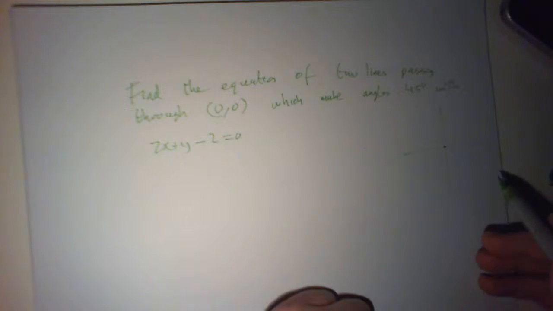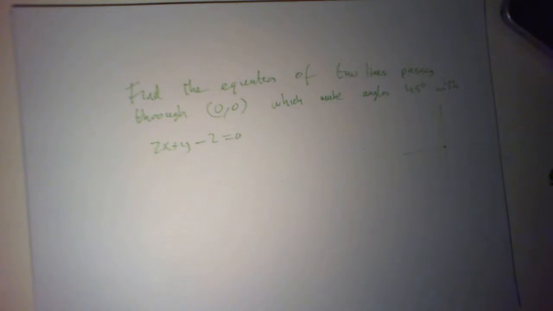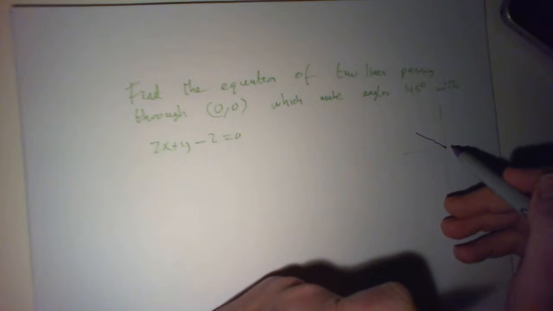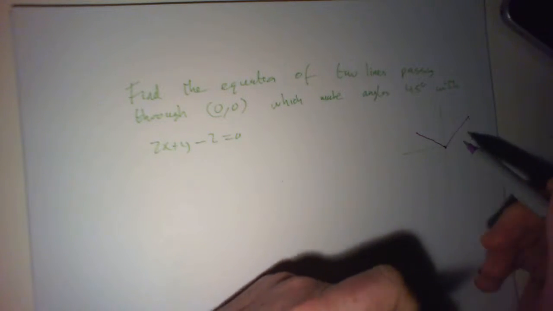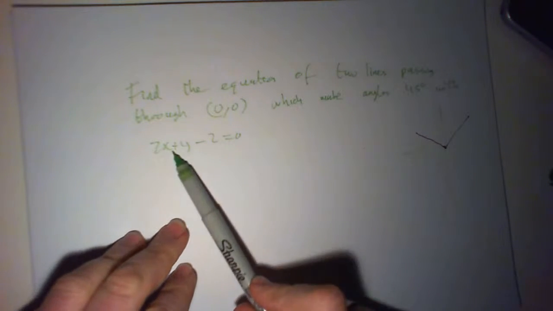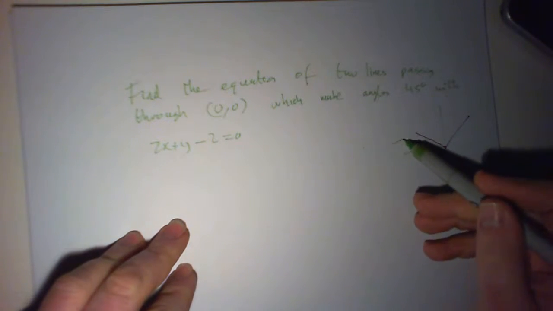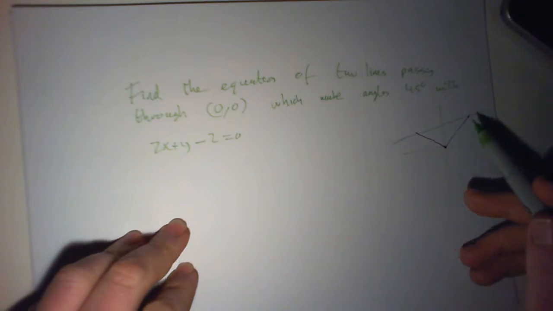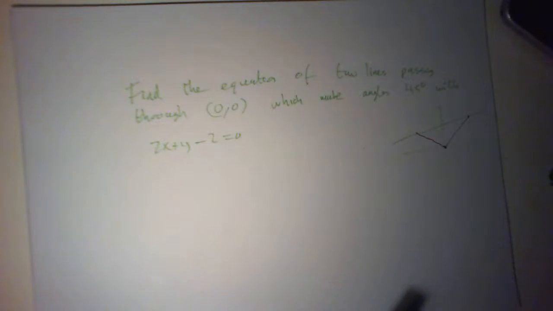But let's try and make it not like that. There's one line, and there's another line. What we're given is this point and also that green line. That's all we're given to help us get through this, and then we're just asked to find the possibilities for those two lines.